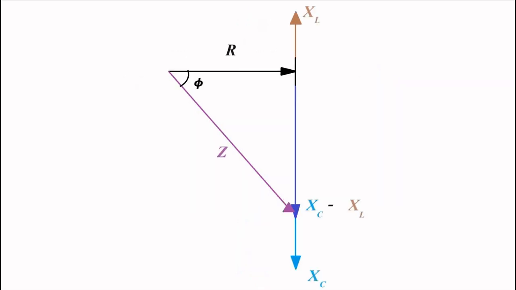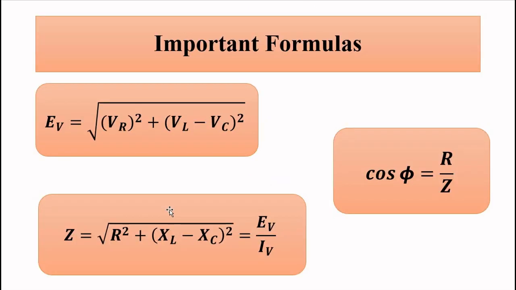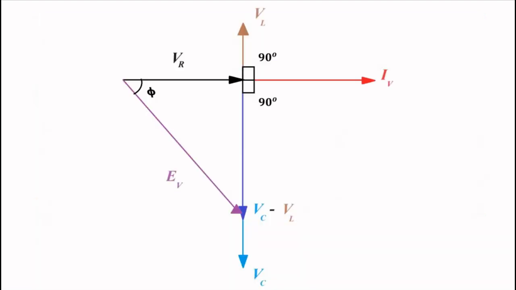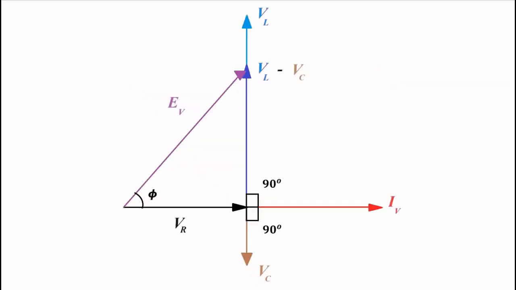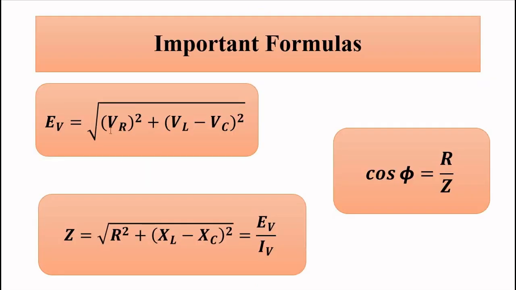Now some important formulas associated with this. No matter what the situation, these formulas are applicable. The net voltage, be it the capacitive reactance dominant case or the inductive reactance dominant case, will always be the square root of the square of the voltage drop across the resistor, plus the square of the difference between the voltage drops across the inductor and capacitor.